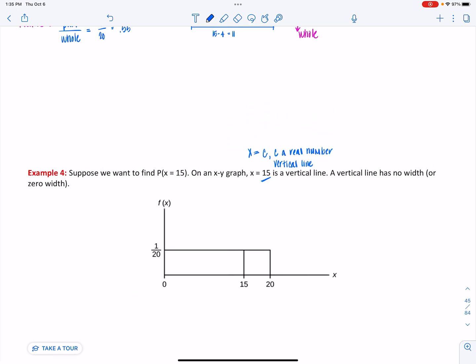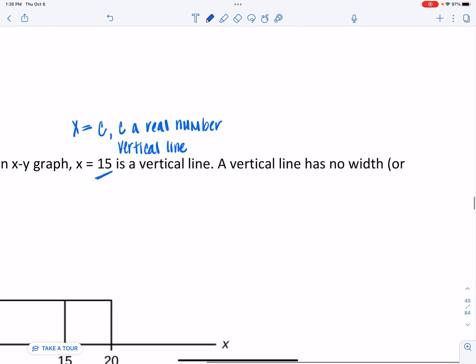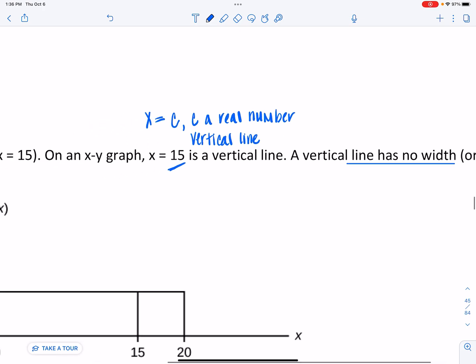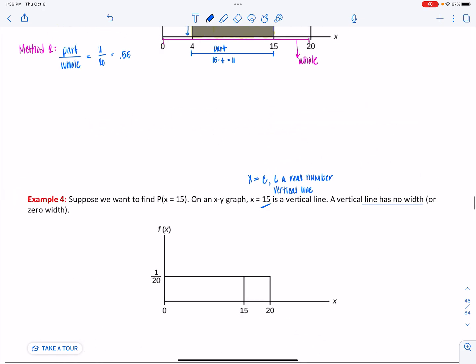Now, I don't know how much you remember from high school geometry, but a line has no width. We also say that it has 0 width. That's important.